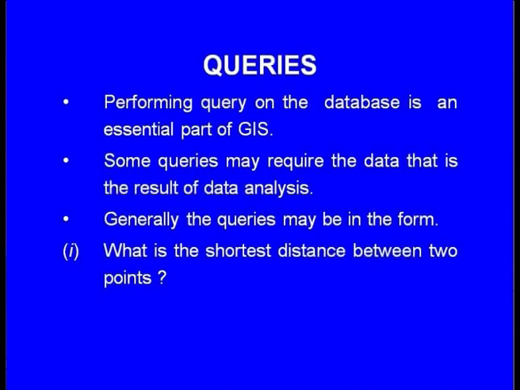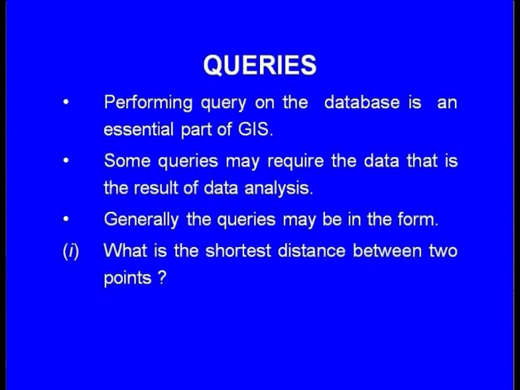The next type of analysis in GIS is through queries. Performing queries on the database is an essential part of GIS. Some queries may require data that is the result of data analysis.